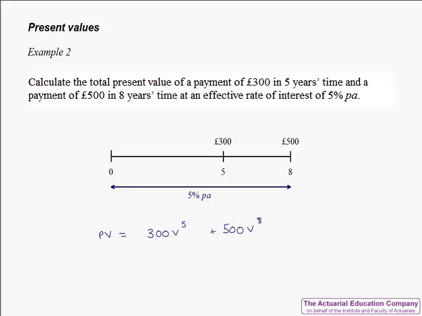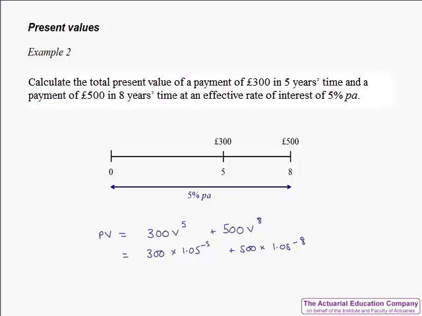We're discounting that £500 over 8 years. Now at 5%, v to the 5, we could write 1 over 1.05 to the 5, or 1.05 to the minus 5. Similarly, v to the 8, we could write as 1 over 1.05 to the 8, or 1.05 to the minus 8.